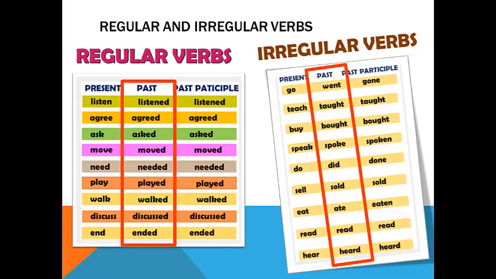On the other side, we have past of the irregular verbs. Example: went, talked, bought, spoke, did, sold, ate, read, heard. Let's continue with this.